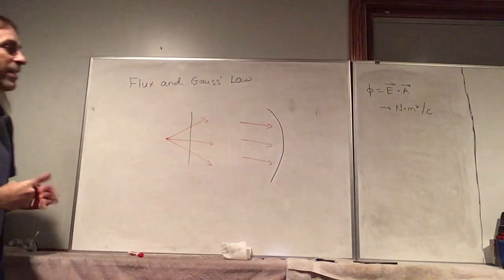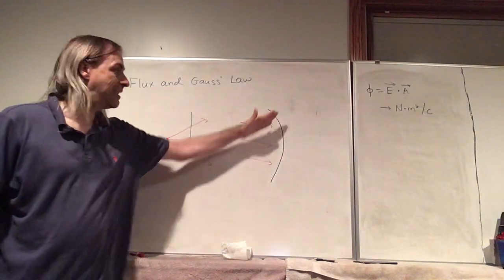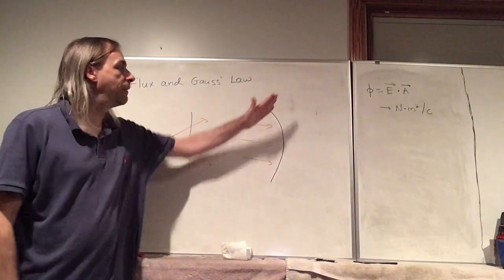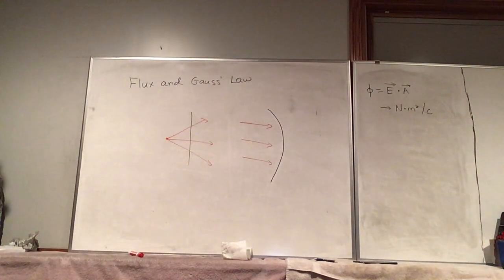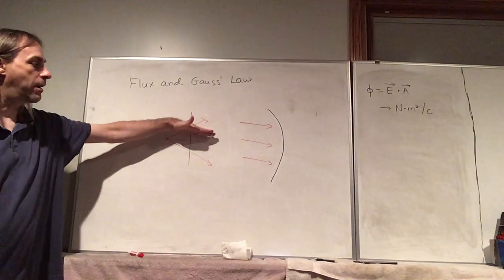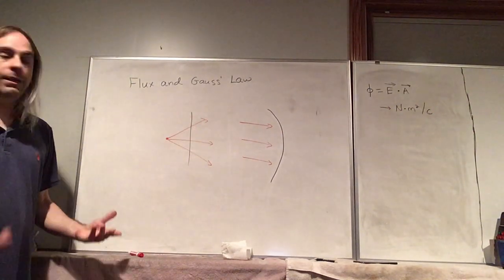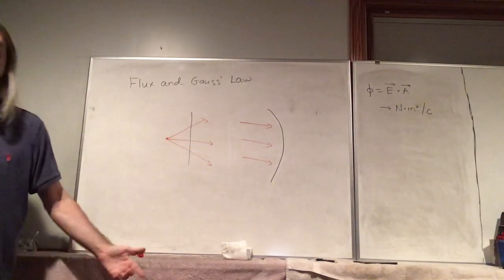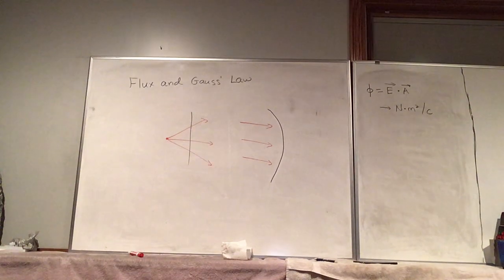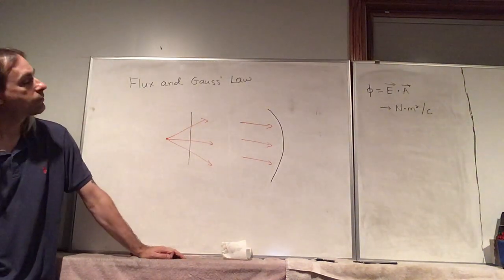And again, we couldn't even define this vector A for this surface because the normal vector is different at different points on the surface. Here we can define a vector A. But again, taking the dot product of E and A, well again, the electric field has different orientations along the surface. So in both of these cases, we have the same problem.